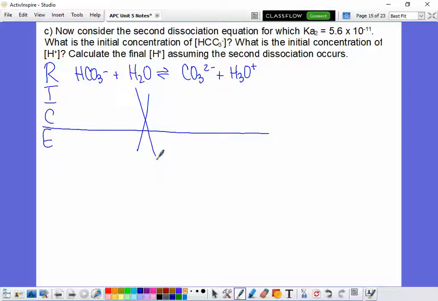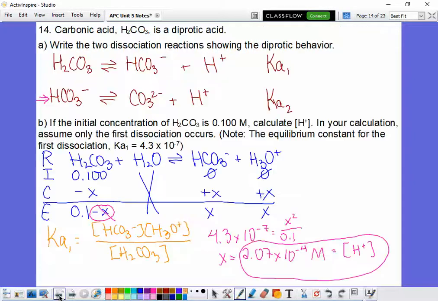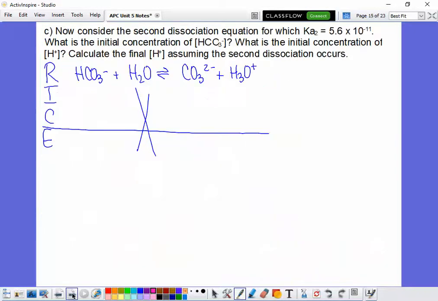What's my initial concentration of HCO3 minus? 2.07 times 10 to the negative 4, because that's what I had left over. This is what my x was after the first dissociation. So I have already some HCO3 minus and H3O plus from the first dissociation, which are my initial concentrations here.